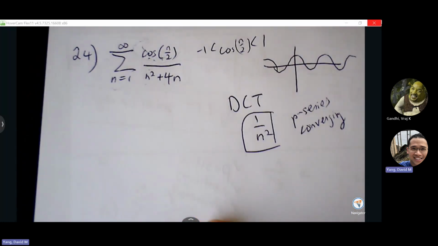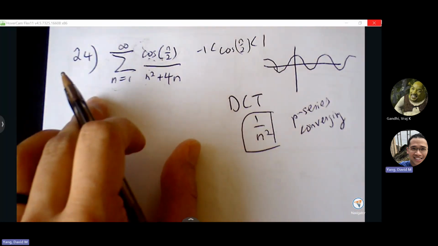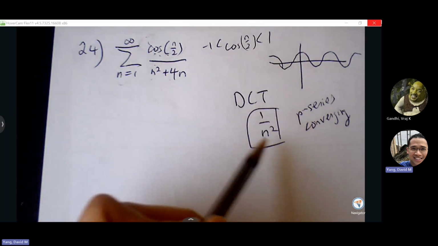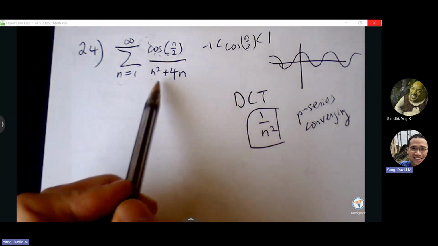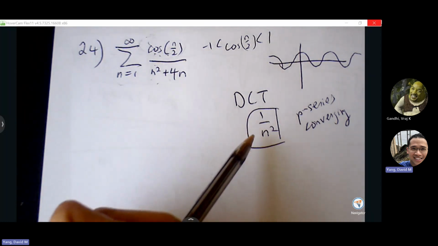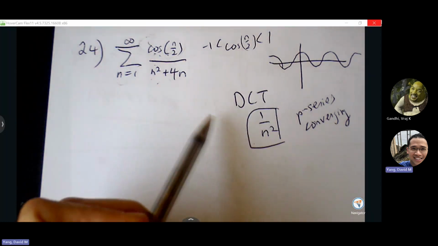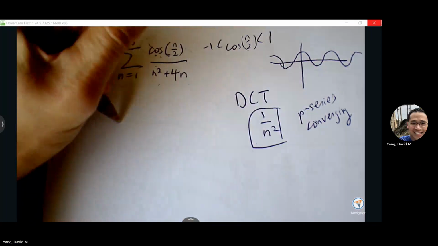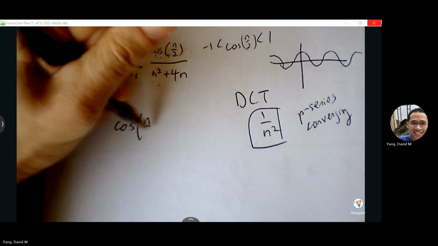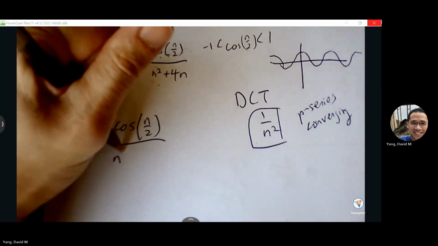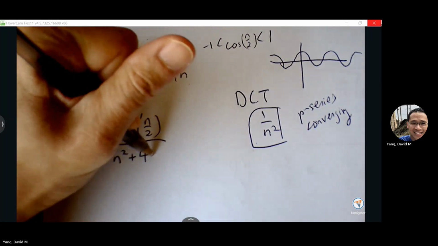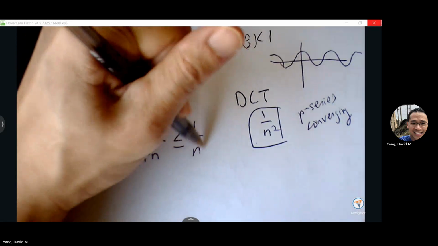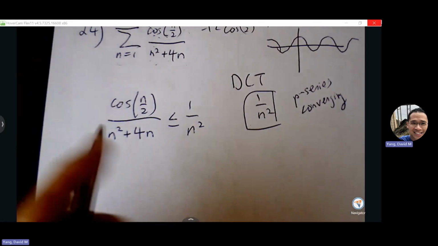Let's see if this relationship holds, because if I have a converging series and I can show that this is less than my partner, then I know that this series must also converge. Let's see if this holds true.